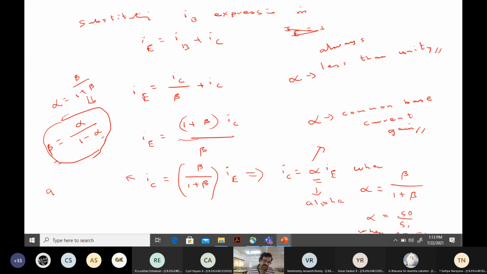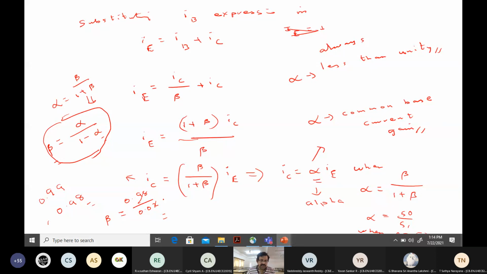Say I request you to find, let us say if alpha is 0.98, what will be beta? Try to find that. So this varying in second decimal, you will see a big deal here. Beta will be equivalent to 0.98 divided by 1 minus alpha, that will be 0.02.